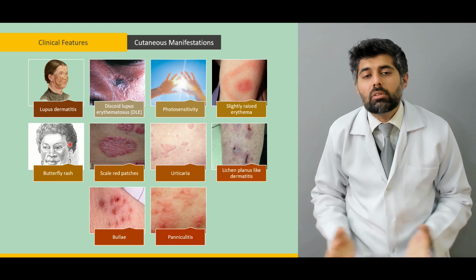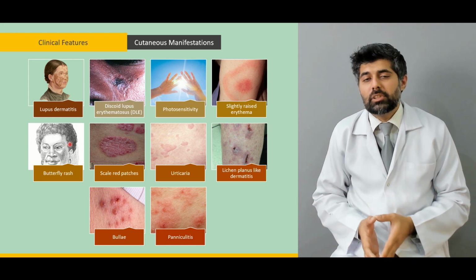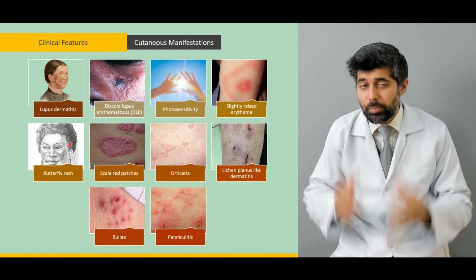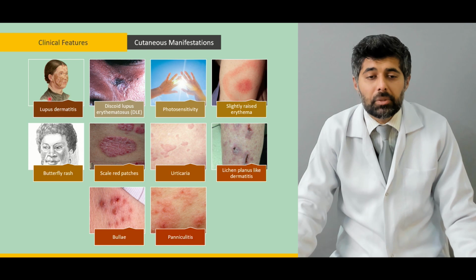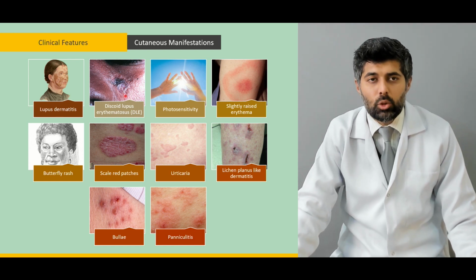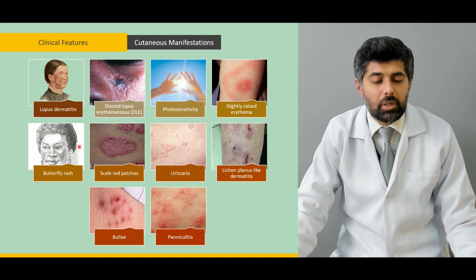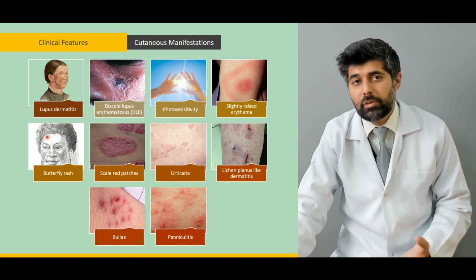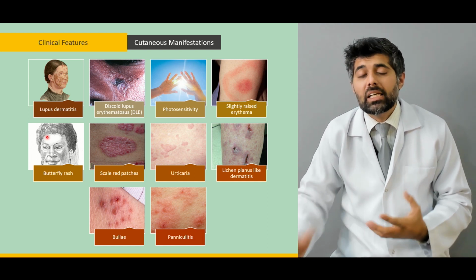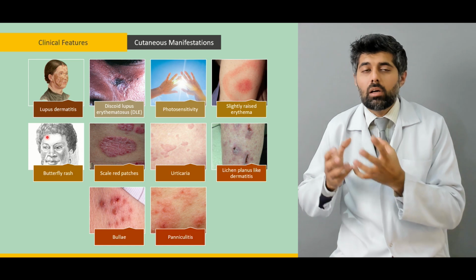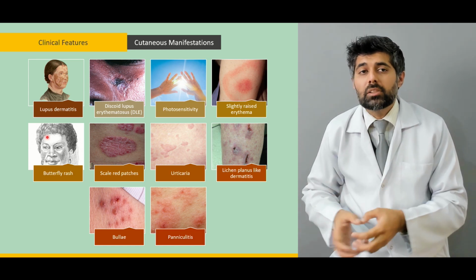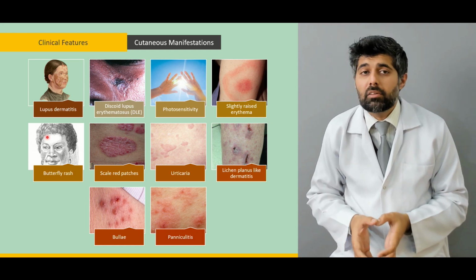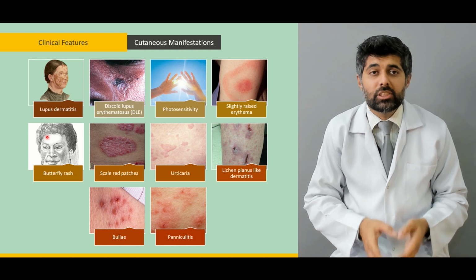So this rounds up all the cutaneous manifestations of a patient with SLE, with particular emphasis on lupus dermatitis and discoid lupus, and the butterfly rash or malar rash being the pathognomonic feature of SLE. Pathognomonic means that it only appears in that particular disease. So malar rash or butterfly rash only appears in patients with SLE.